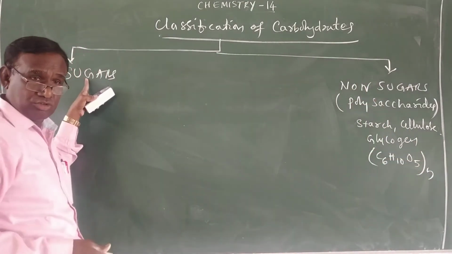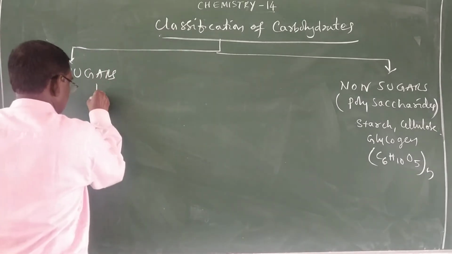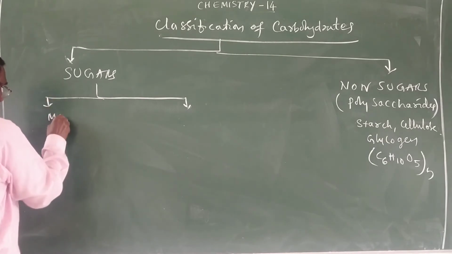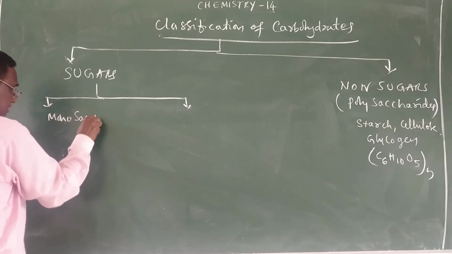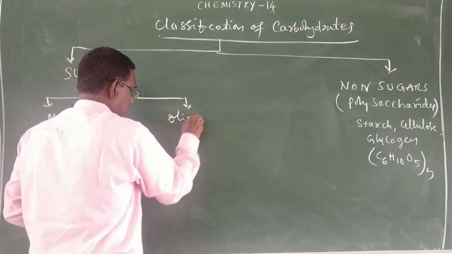And sugars are further classified into two classes. One is monosaccharides, the second one is oligosaccharides.